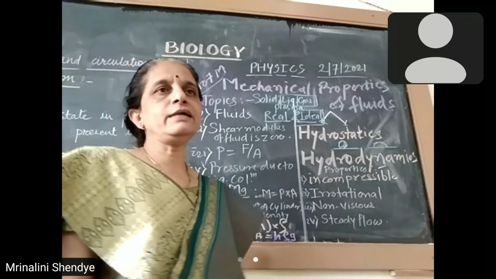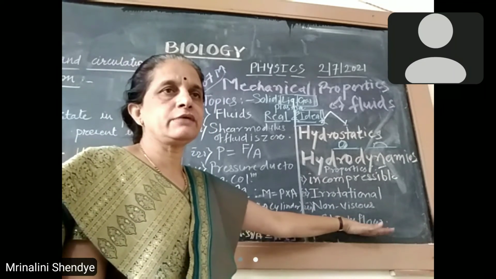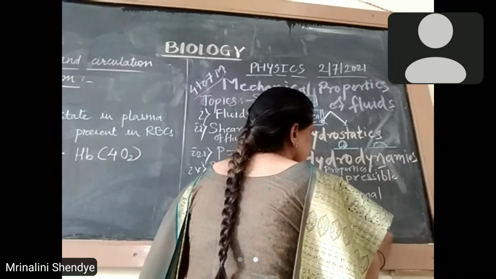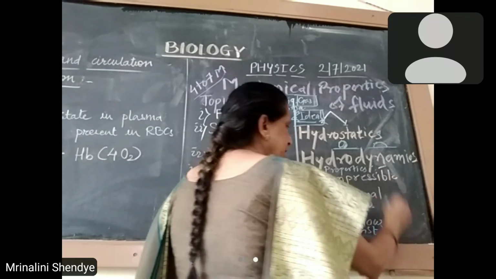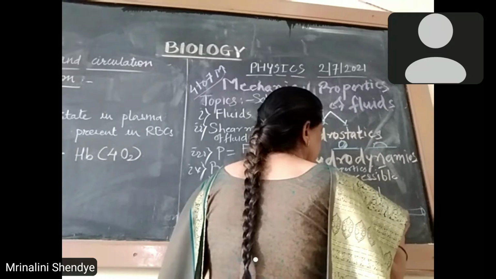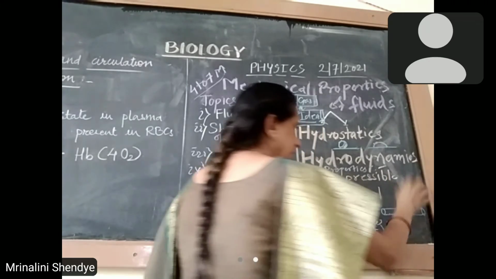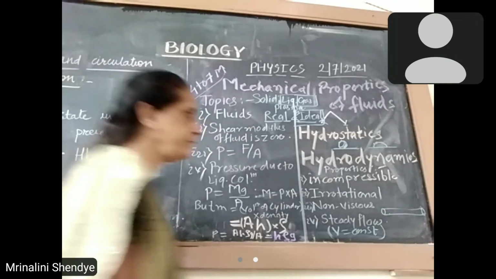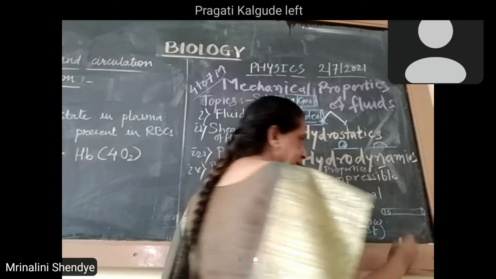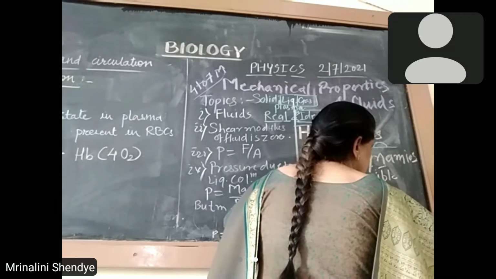So this steady flow is required where the velocity is constant. At any point, suppose I have considered a substance placed over there, and the velocity at this point is v. Then it flows in this direction.